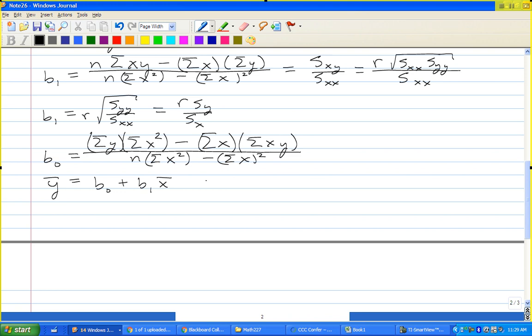Once you've calculated B1, then B0 can be calculated just using this, so that's obviously a much easier calculation. So I usually just use that calculation.